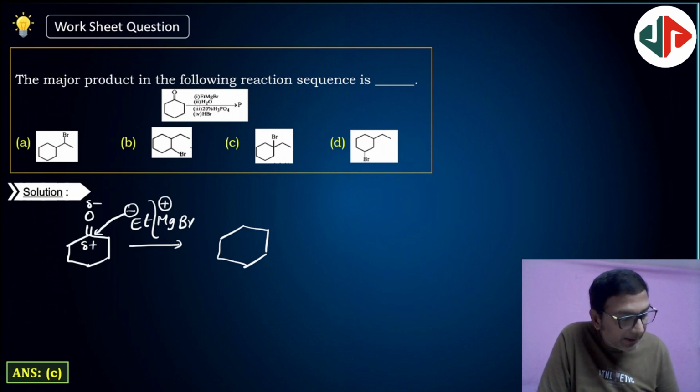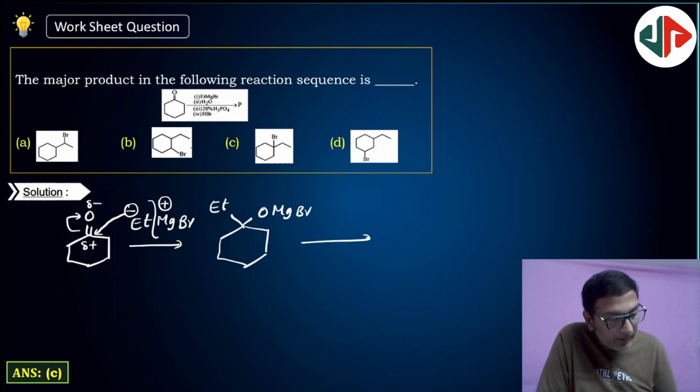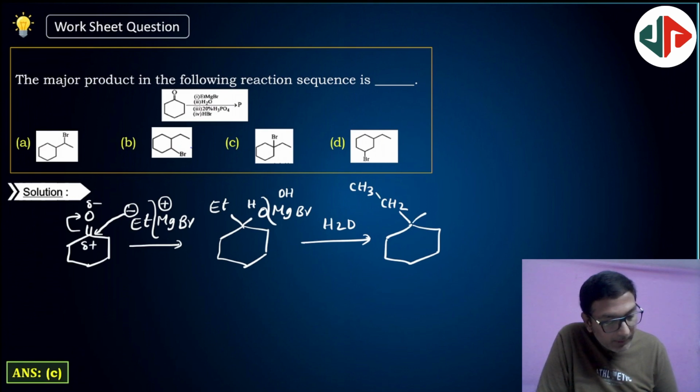Therefore, attacking at carbon, it gives Et, OMgBr. So Et means CH2CH3 we can write. Which on hydrolysis will give here H and OH, here OH, minus MgBrOH. This will be eliminated.